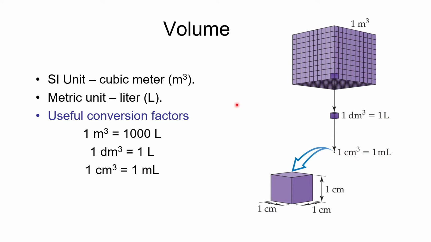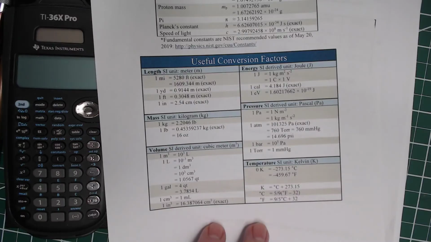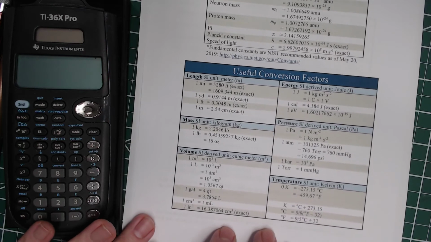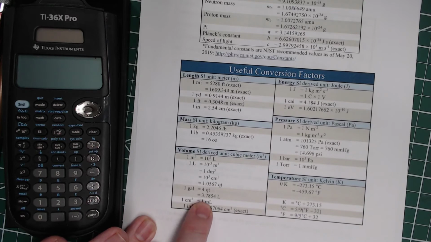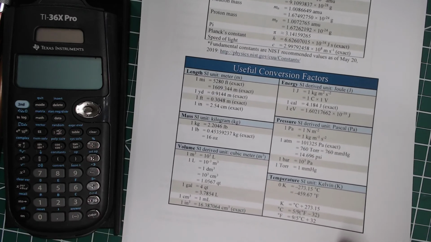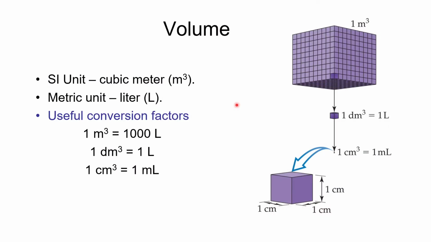And just in case you're curious, yes, I've got those conversions right here for your convenience. I also have some that are non-metric, like a gallon to liters and stuff like that. So you don't have to memorize that. It is easy to do.